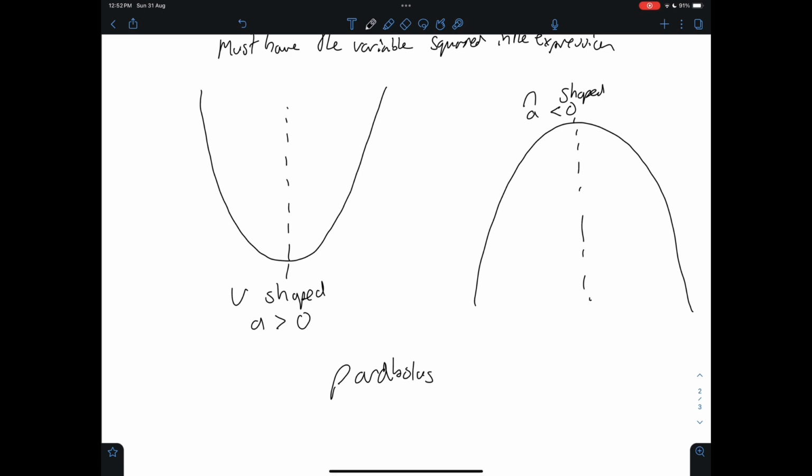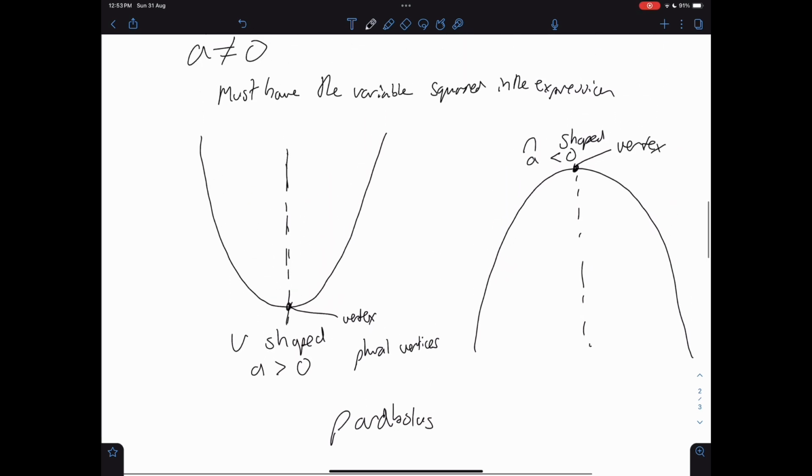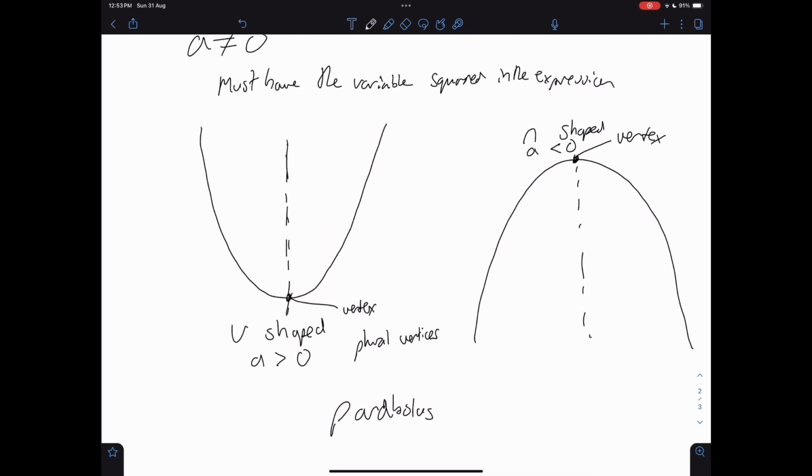And the intersection of that mirror line and the graph is a vertex. Plural vertices. And we will look into finding the coordinates of that vertex very soon.